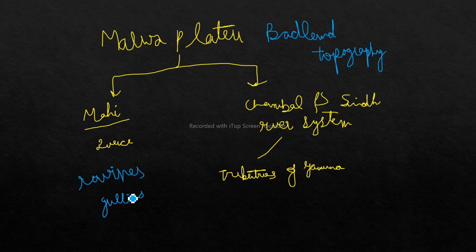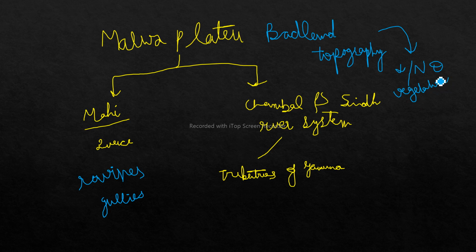They are basically the reason for the badland topography. Another thing that you should know is that if I'm talking about badland topography, there would be very little, or we can say no, vegetation.